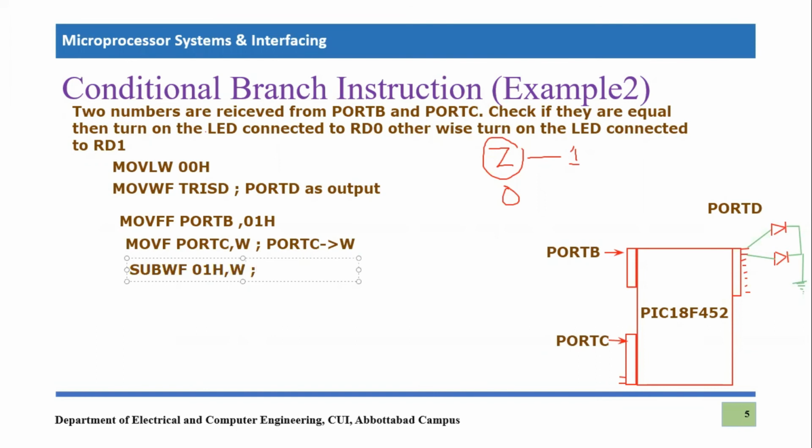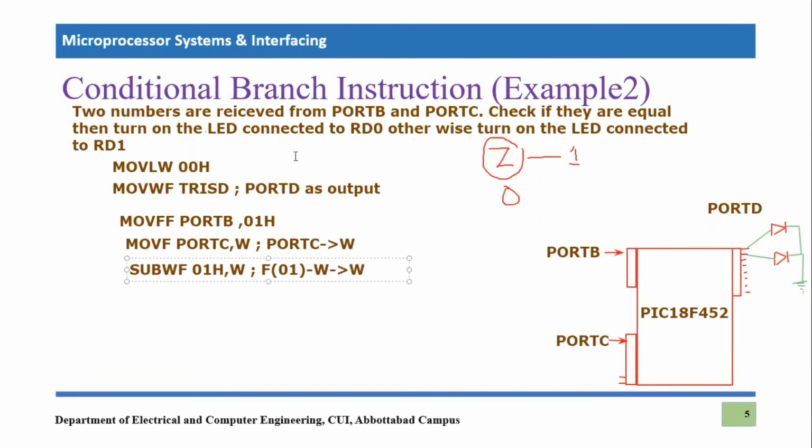Let me write for you what will be happening. Whatever is in the file register, in this case 01 hex, the working register will be subtracted from it, and the result will go to the working register because the destination bit is working.